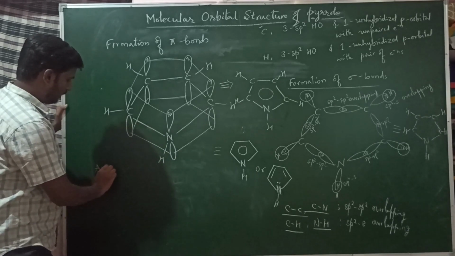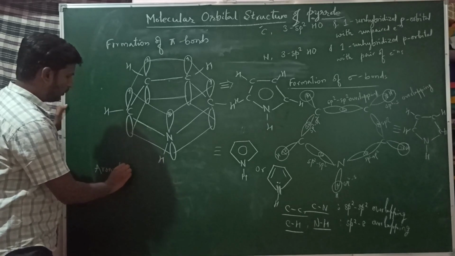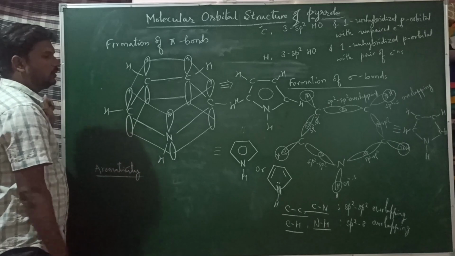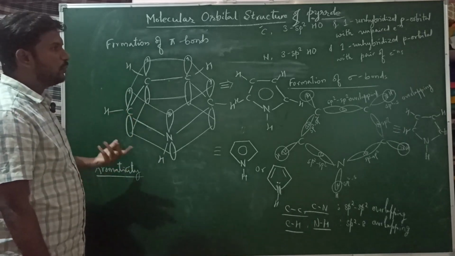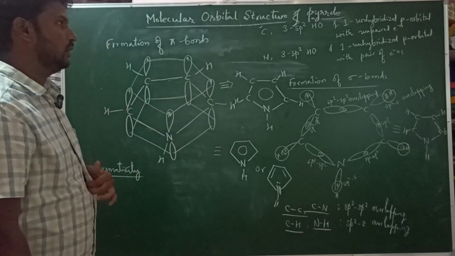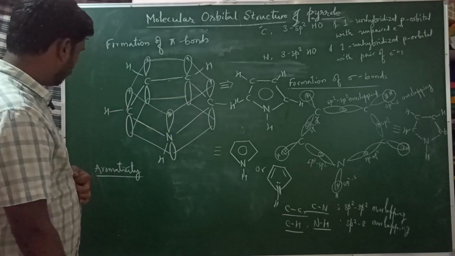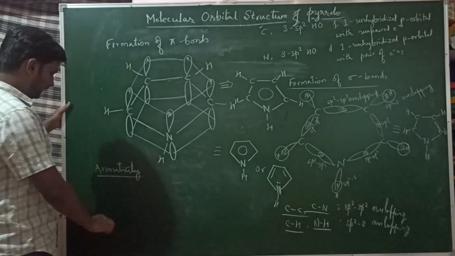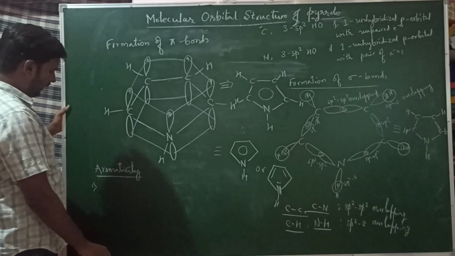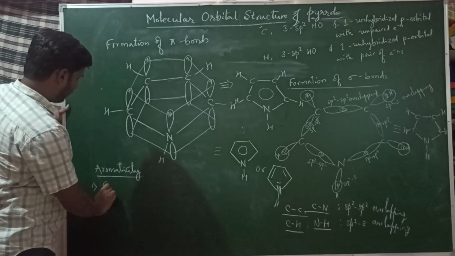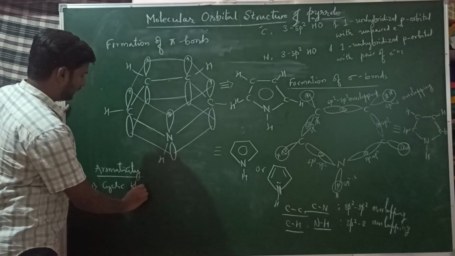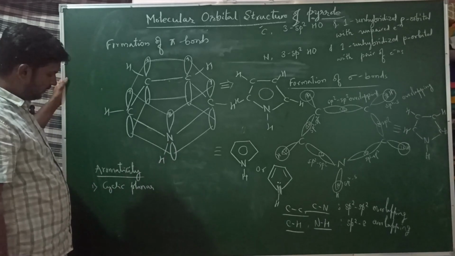If you see the PYQs of your exams, most of the times, even for 2 marks, the aromaticity of pyrrole, thiophene, furan, or even pyridine has been asked. So you should know. For aromaticity, there are 4 criteria. The first criteria is the compound must be cyclic and planar.